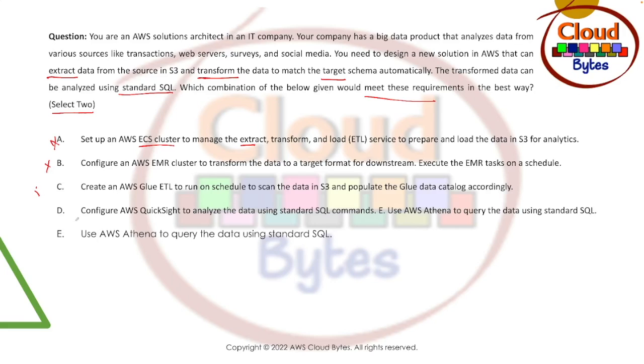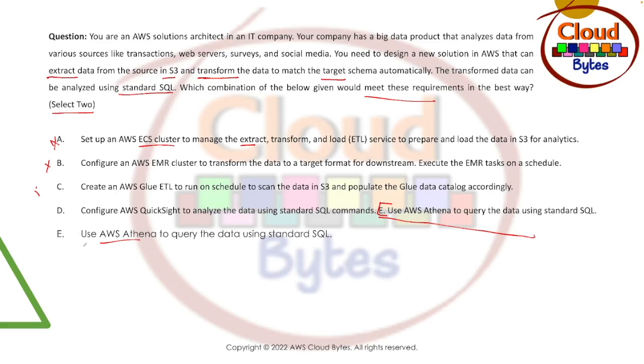Let's look at another option here, option D. Configure AWS QuickSight to analyze the data using standard SQL commands. Oh, there is a data issue. So forget about this one. I should have cleaned it up, but this is what you have. So option D is not a correct option because QuickSight is a service to deliver insights rather than perform SQL queries.